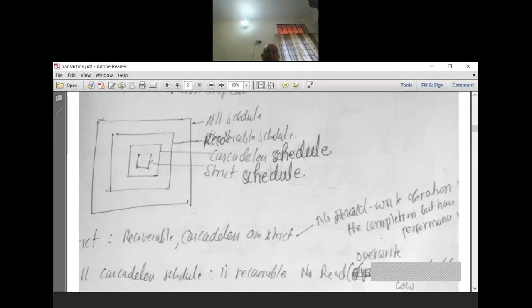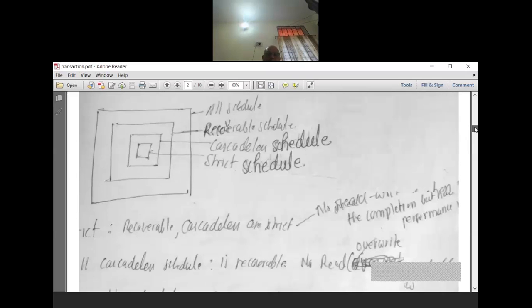That means schedules are divided like this: the innermost, specific one is the strict schedule, the outer one is the cascadeless schedule, and the outermost is the recoverable schedule. A recoverable schedule may or may not be cascadeless, but all cascadeless schedules can be recoverable. You understand this one.